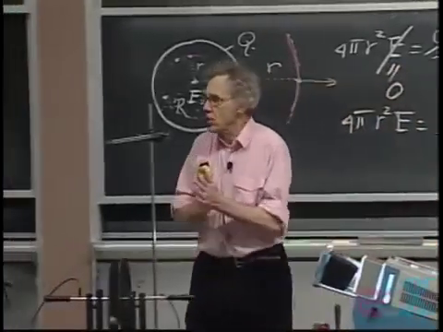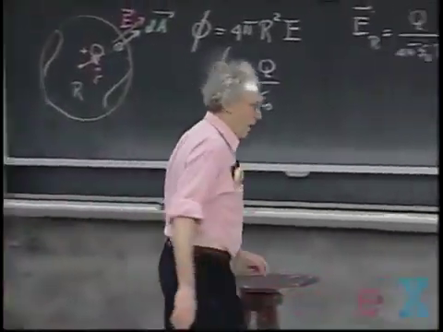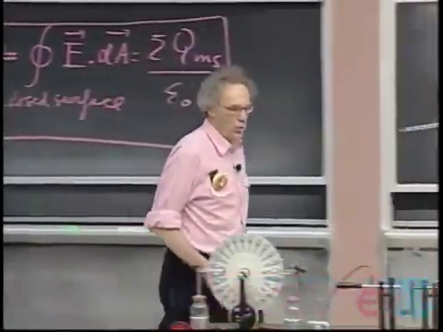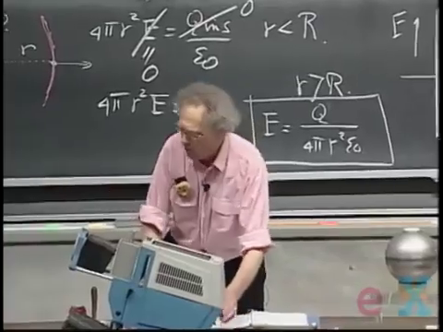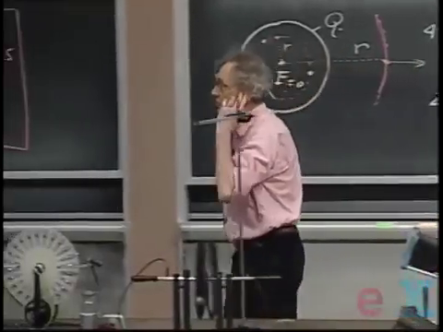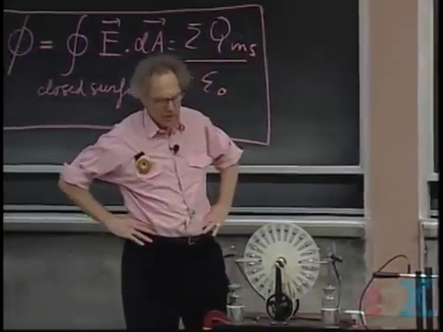The last thing I want to show you has to do with the fringe field that we have seen here. I have here two parallel plates which I'm going to charge with an instrument that we have not seen before, which is called the Wimshurst.